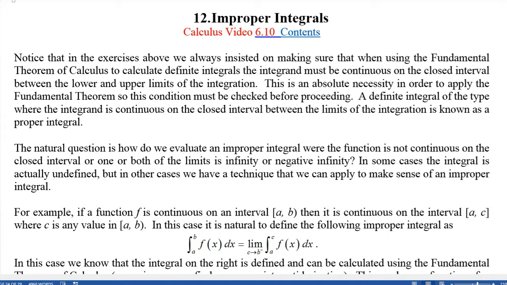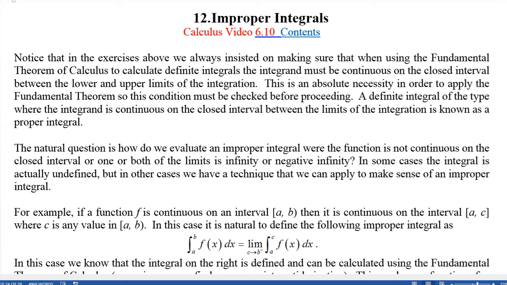And a definite integral of this type, where the integrand is continuous on the closed interval, will have a value. That is an integrable function, and that's known as a proper integral. So there's a natural question that then arises. Well, what happens if the function is not continuous on the closed interval?